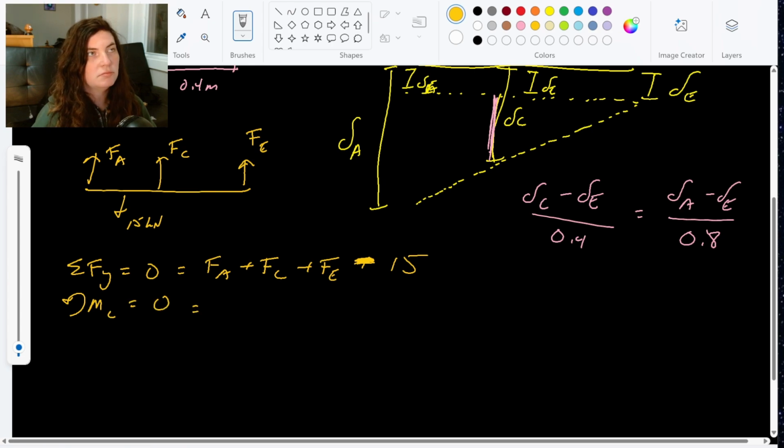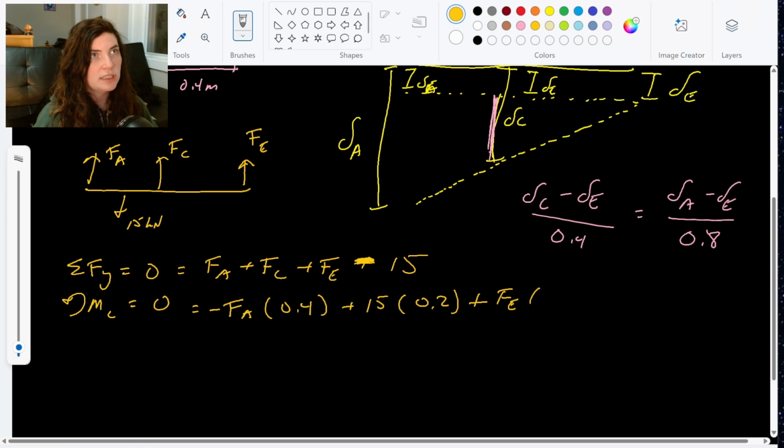I'll take it about point C. We could take a moment about point C and do negative FA times its distance away, which is 0.4, plus the 15 kilonewtons times its distance away, 0.2, plus FE times its distance away, 0.4.